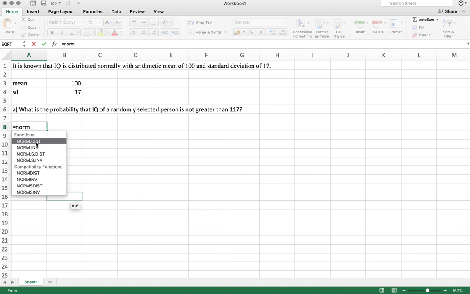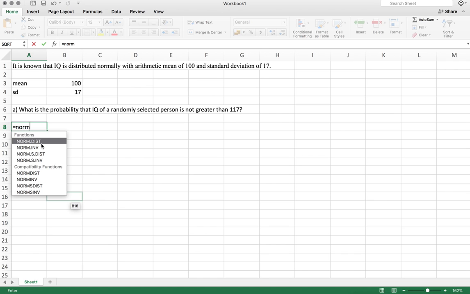In this case we would need NORM.DIST, but for compatibility not only with older Excels but also with other spreadsheet applications, we can use these compatibility functions. Essentially, they have the same functionality, but since we're doing this for the newer Excel, we'll simply use the new function.